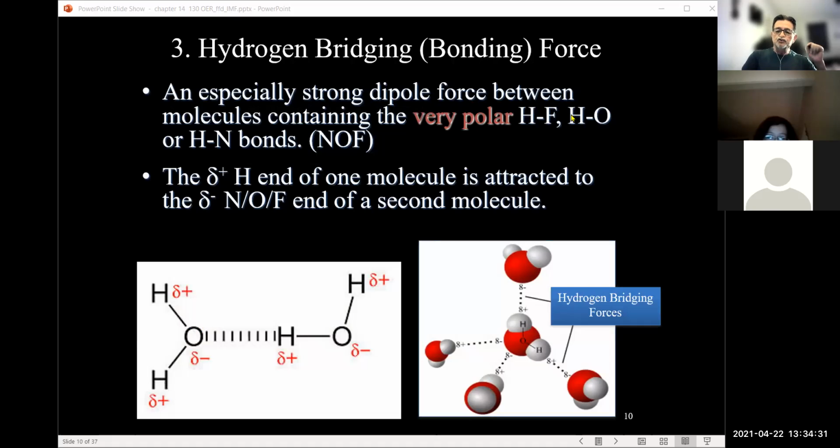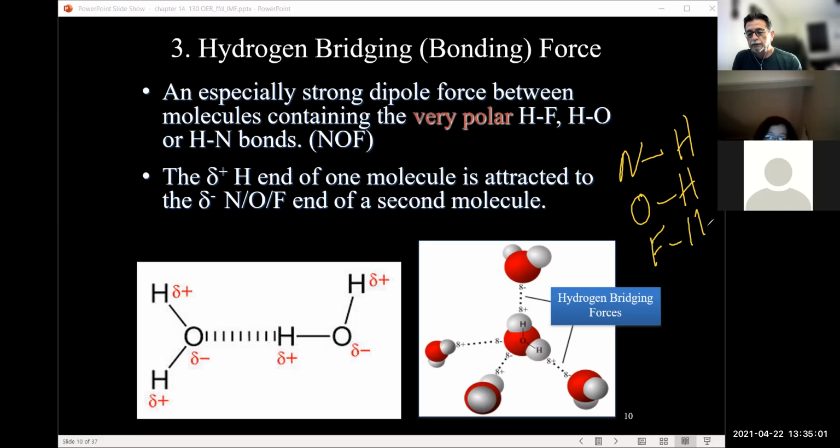Now, hydrogen bridging forces. Yes, they are a dipole, but they have an additional interaction, and this is only for hydrogen that is bonded to nitrogen, oxygen, and fluoride.